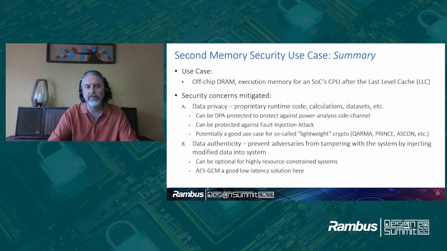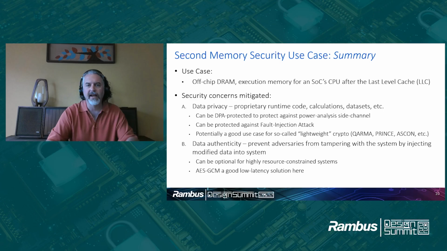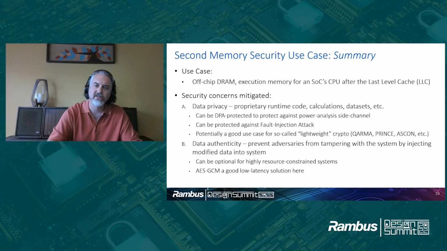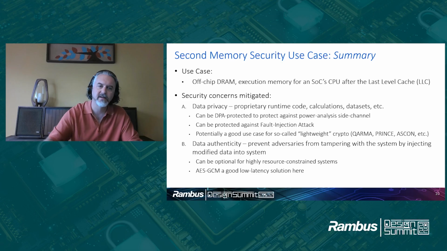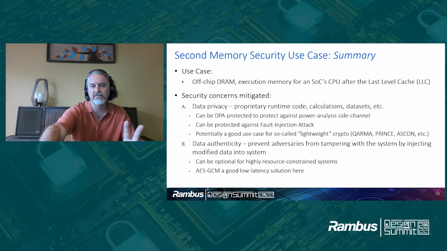And this type of crypto path is also a potentially really interesting use case for emerging lightweight crypto standards, Karma, Prints, ASCON, et cetera. Not quite as LUT heavy as a full bore 10 round AES algorithm might be. So it's an interesting use case for lightweight crypto to solve the data privacy problem. And the second case, of course, the data authenticity and handling the metadata allocation through the memory controller, especially in these small resource constrained systems.